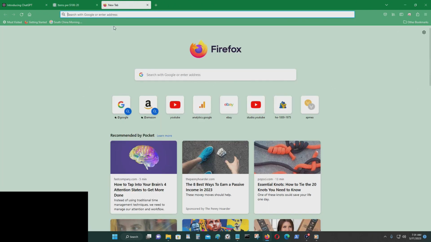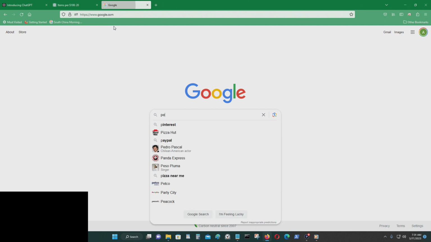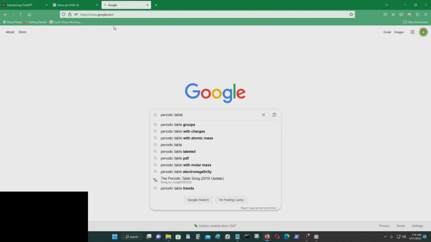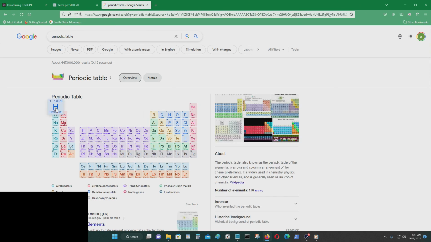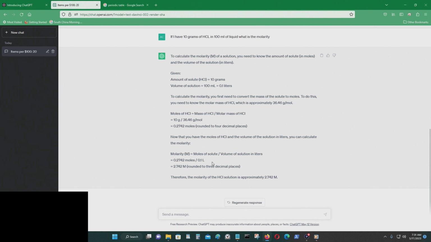Let's see. Here's a periodic table. That's 1.0078 for hydrogen. For chlorine, it's 35.453. You add the two together, and you would get the molar mass, which is 36.46.